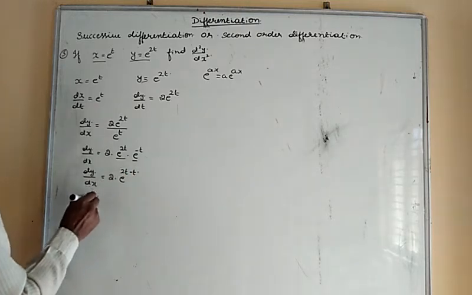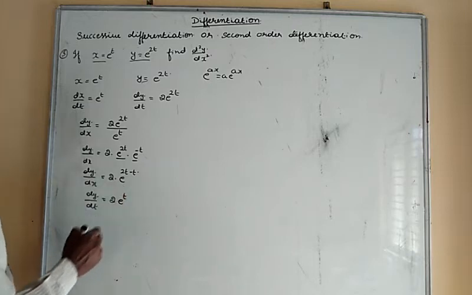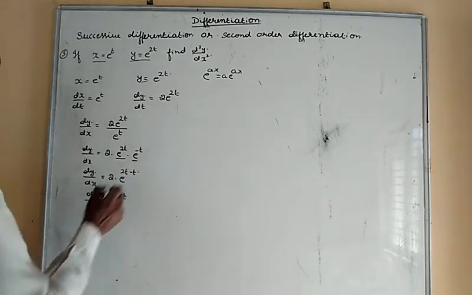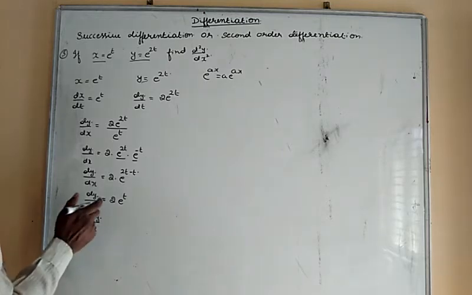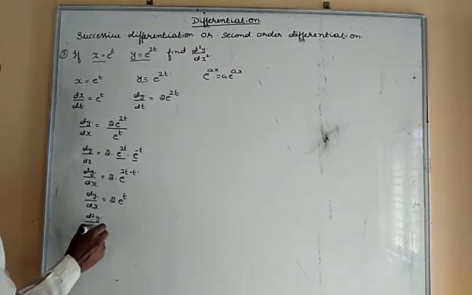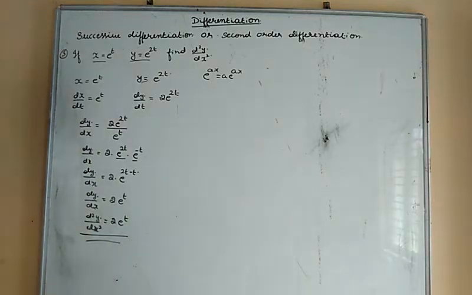Then dy by dx is equal to 2 e to the power of t. Then for the second order differentiation, again differentiating with respect to x, 2 is constant, e to the power of t only. So this is the answer.